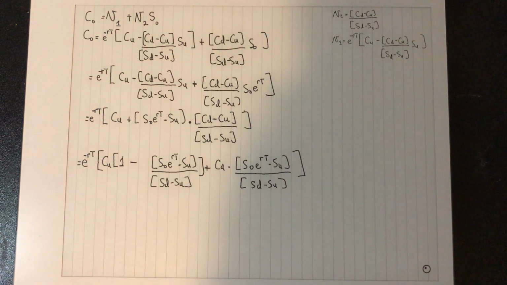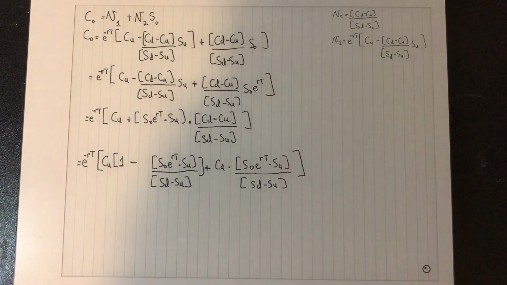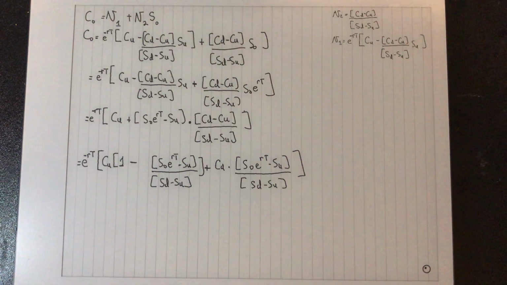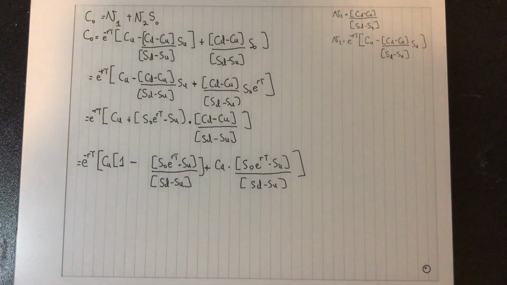So now what you can see is some sort of weights which are attached to CU and CD. Well, assumingly weights. Now the question is, are these weights legitimate? Do they actually sum up to equal to 1, i.e. the percentage is equal to 100?